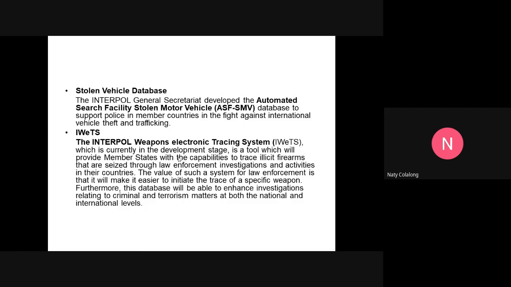The value of such a system for law enforcement is it will make it easier to initiate the trace of a specific weapon. Furthermore, this database will be able to enhance investigations relating to criminal and terrorism matters at both the national and international levels.